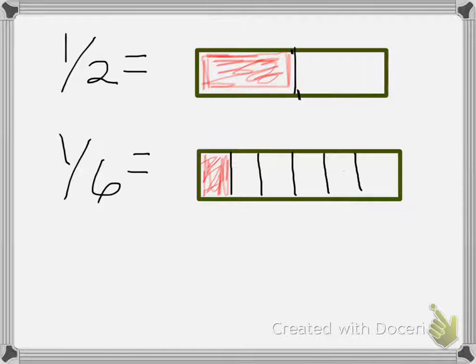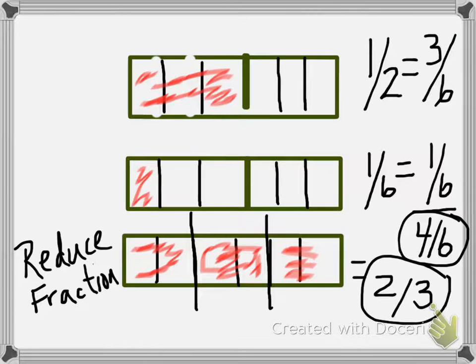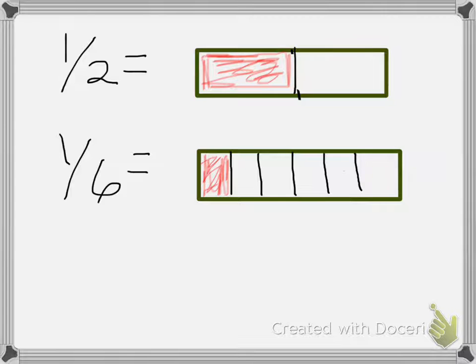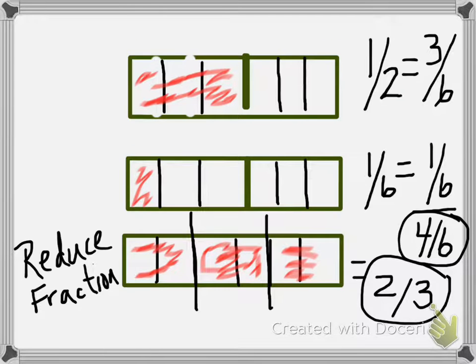I have to change them to make them have the same denominator by dividing the fraction into equal parts. Now, let's make the fraction bar the same. I notice that 1/6 has the larger denominator, so I'm going to divide each bar and make them both have the same amount, which is 6.